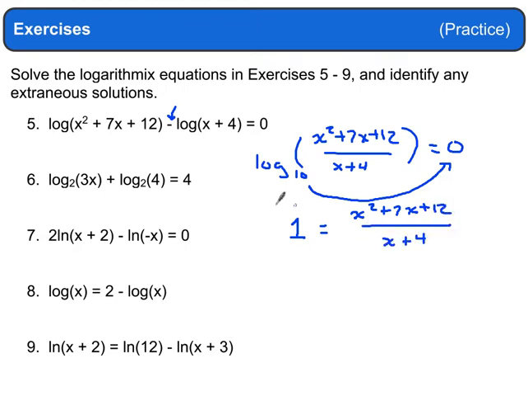So I'm going to multiply x plus 4 on both sides, so I can bring the x plus 4 over here. That's going to equal x squared plus 7x plus 12. I'm going to move everything by subtracting to this side. So I'm going to get x squared. When I minus this x over here, 7x minus x is 6x. And I minus 4, 12 minus 4 is 8. Now that's set equal to 0. And then I can factor.